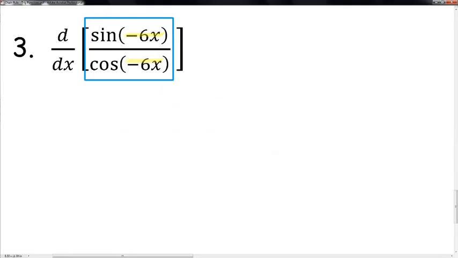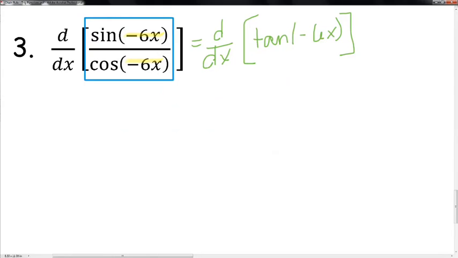So I could have written this as the derivative of tangent of negative 6x. And I only can do that when my insides are the same. If they were different, then I would have to use the quotient rule. But since they're the same, I'm going to use my little pre-calc trig trick and say, hey, that's just tangent.